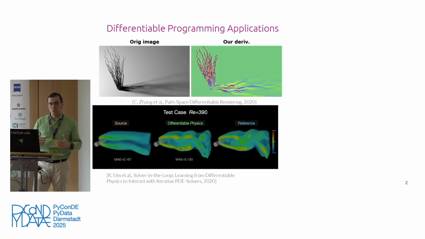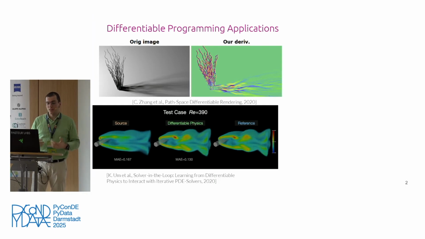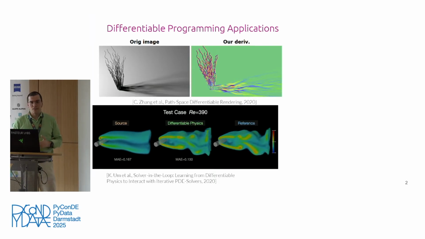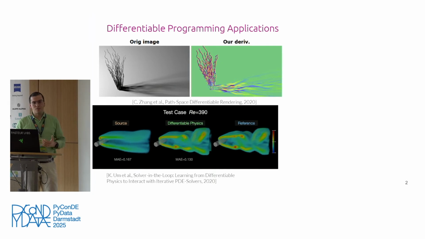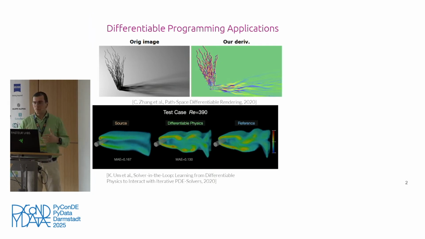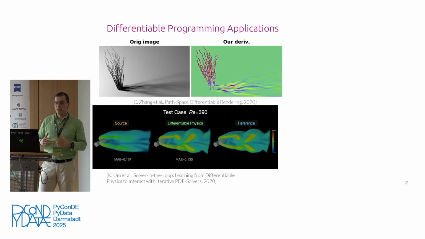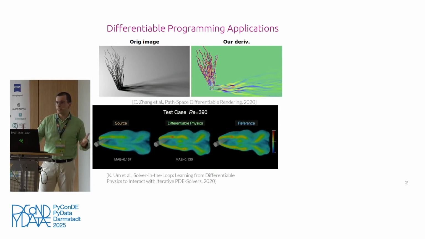And another instance that to me personally is extremely interesting is when people try to apply machine learning to simulations of physics. In this case, we see a recent example from Niels Thuerey's group where they develop basically a hybrid solver. So you want to simulate some physical system, and you can have these classical methods like a numeric solver.